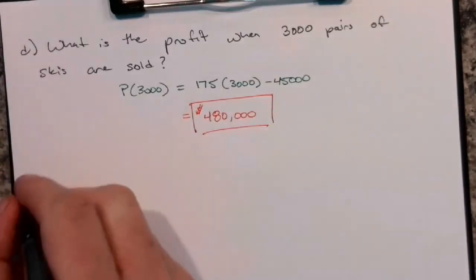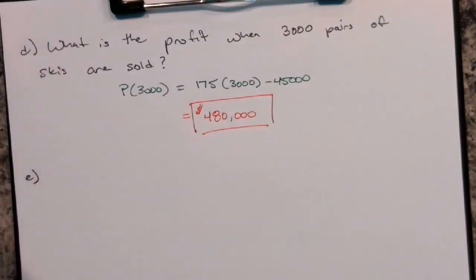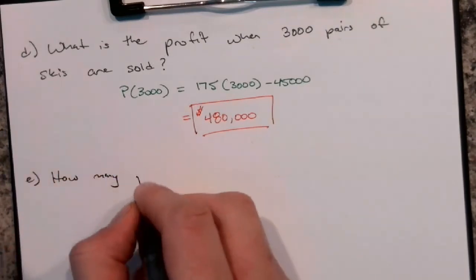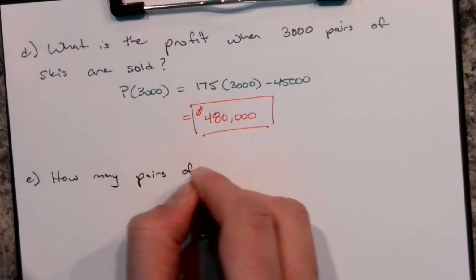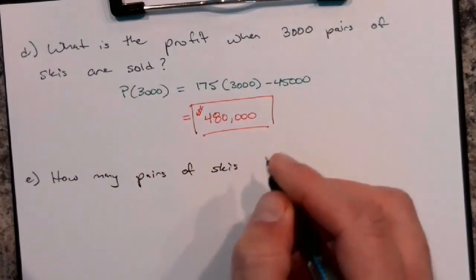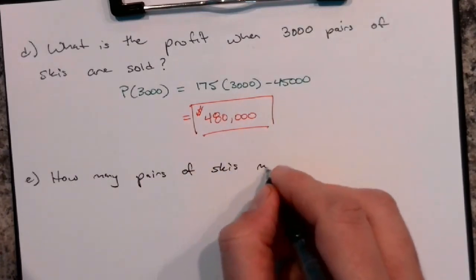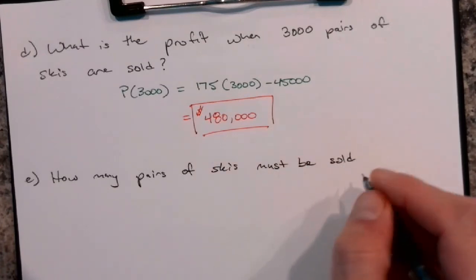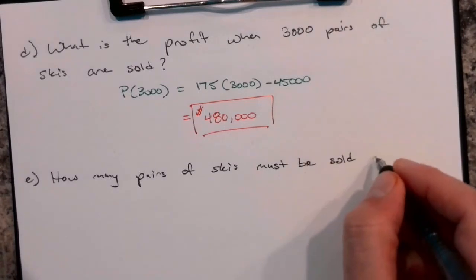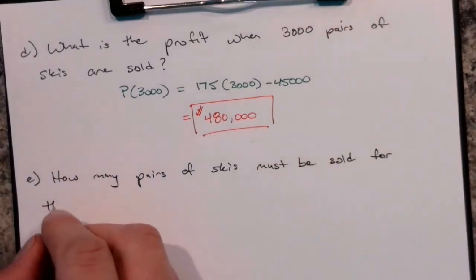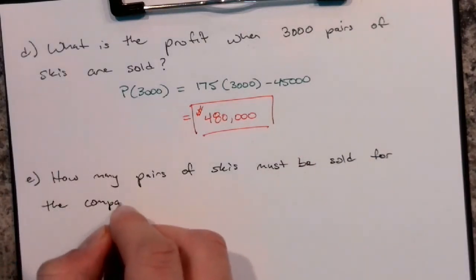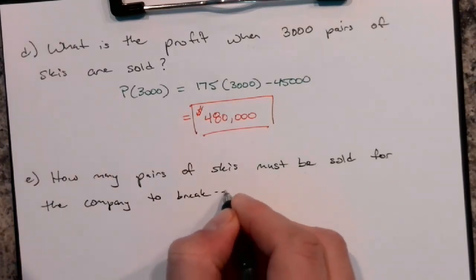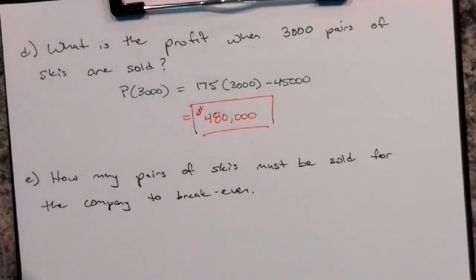And the last question, how many pairs of skis must be sold for the company to break even?